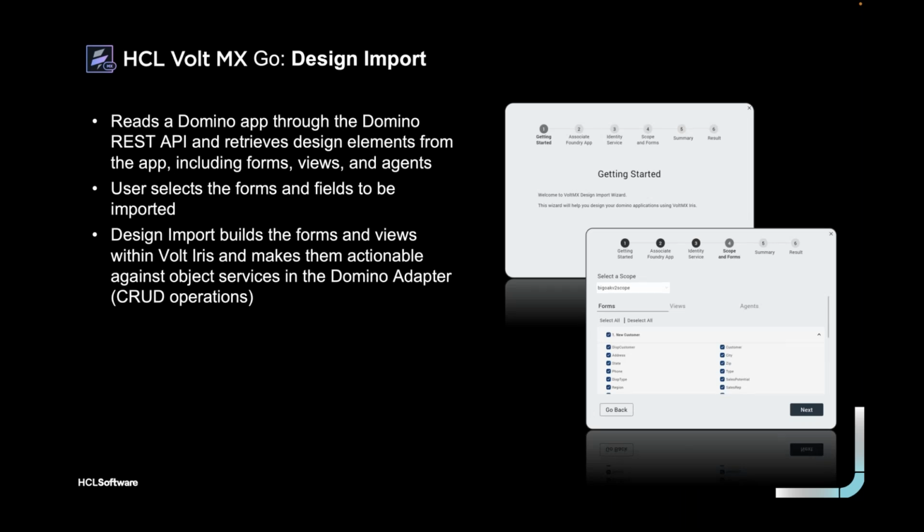You can make single endpoints to make a call directly through the Domino REST API and make an action happen or retrieve data. You can use the Domino adapter to make calls through the RESTful endpoints of the Domino REST API and maintain that connectivity to Domino to update and manipulate data inside your Domino applications.